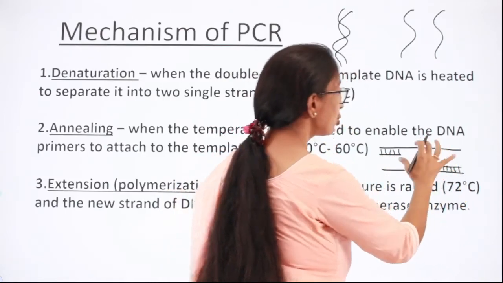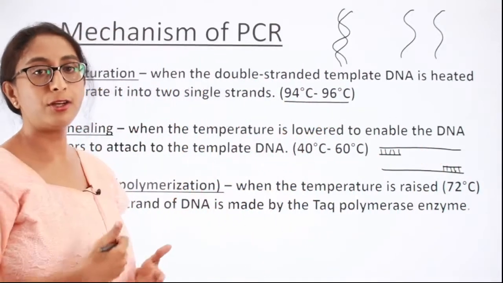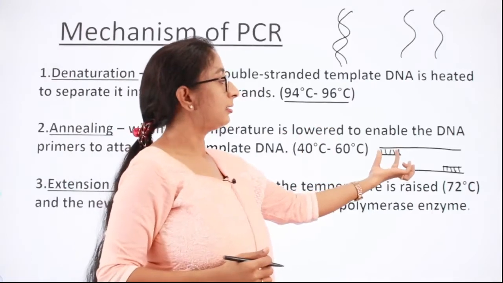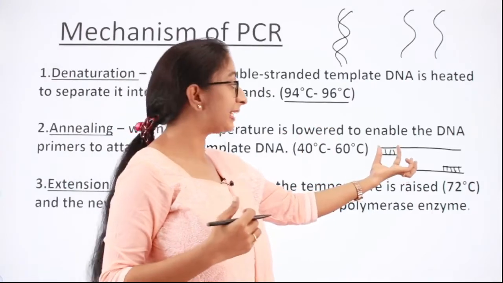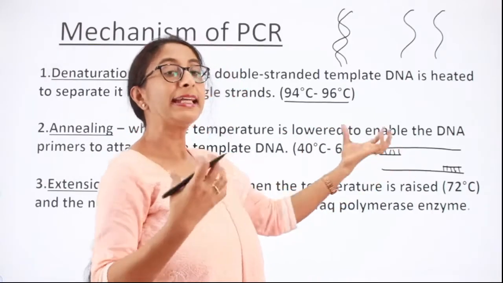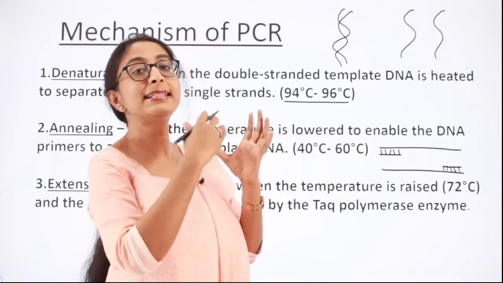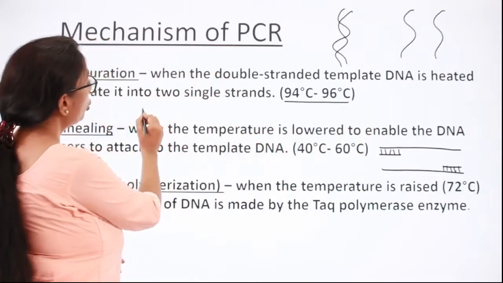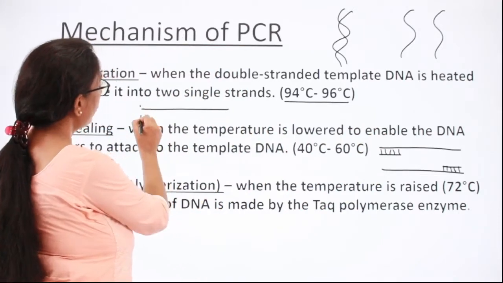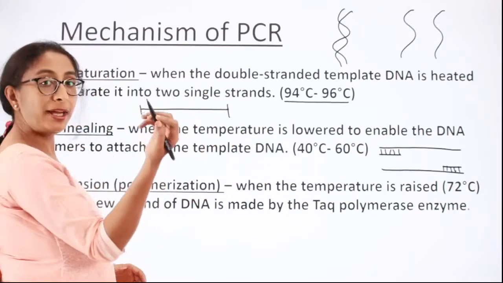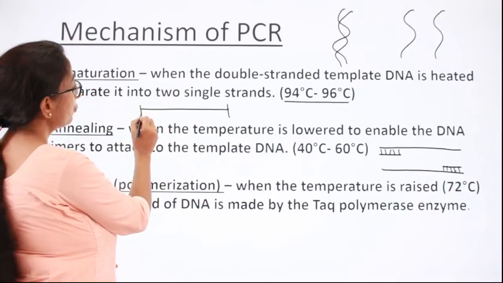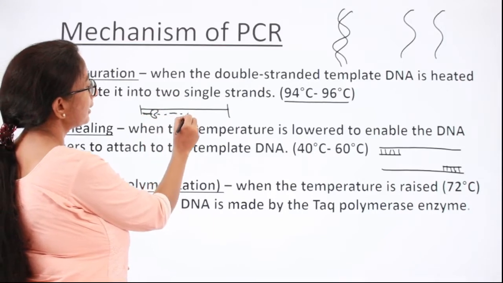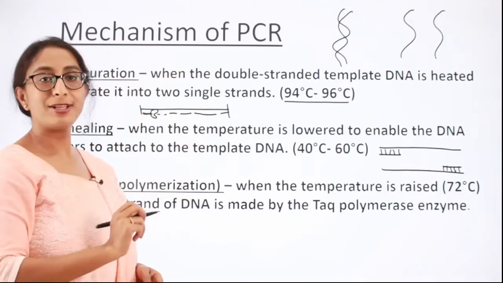The primers also will be complementary to the strand of the DNA template. So it is here that the reaction will begin. It is here that the DNA polymerase can come and bind and start synthesizing a new strand. Suppose you want to make copies of a particular fragment of DNA, we will make complementary primers for that, so that it can attach here, and from here the DNA polymerase can start making the complementary strand.